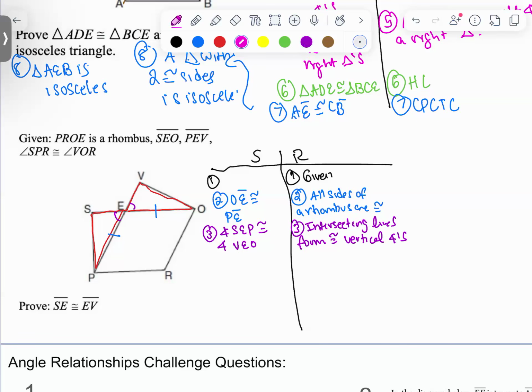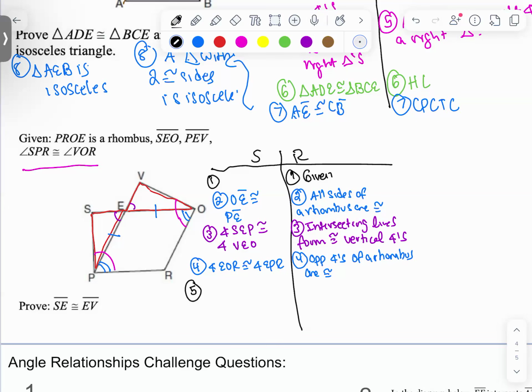And in the givens, they also give us that angle SPR is congruent to angle VOR. And another special property of rhombuses is that opposite angles are congruent, because that's a property of parallelograms. So rhombuses also have it too. That's angle EOR and angle EPR. And I'm just going to write opposite angles of a rhombus are congruent.